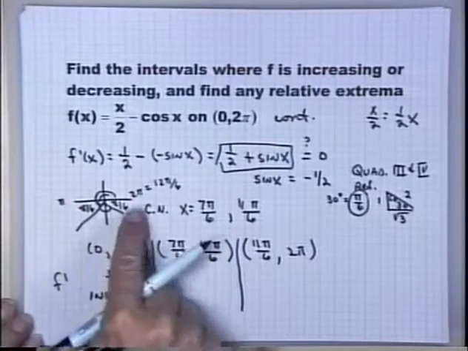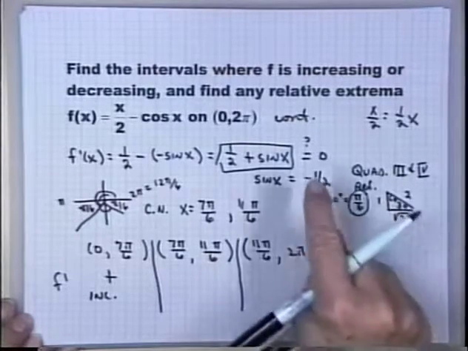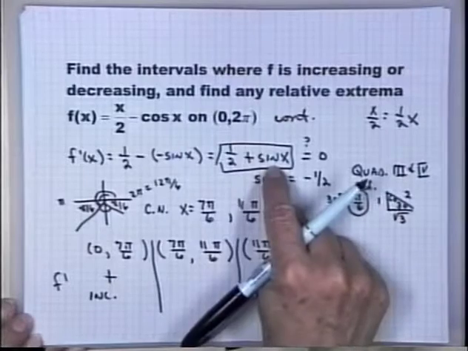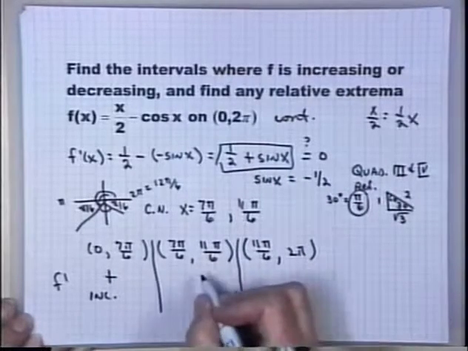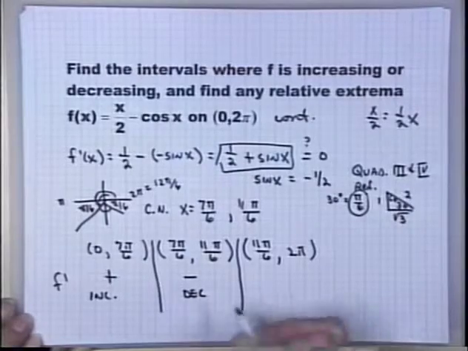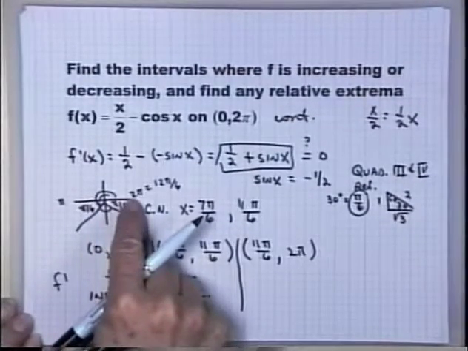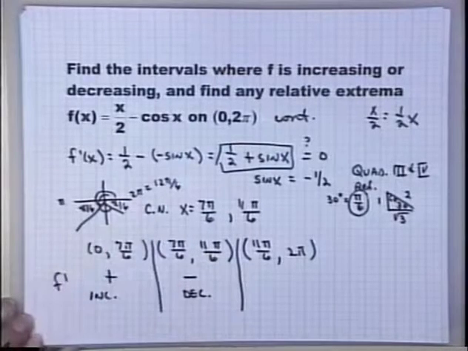Between 7 pi over 6 and 11 pi over 6, we could use 3 pi over 2. Okay, recall at 3 pi over 2, the sine is negative 1. 1/2 plus a negative 1 would be negative, and we're decreasing. Okay? And then finally, between 11 pi over 6 and 2 pi, we could pick some value in there.